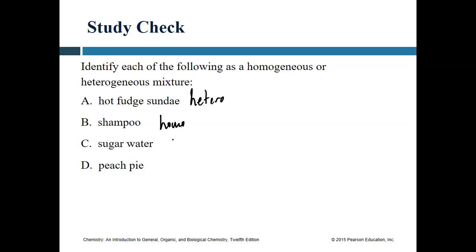Homogeneous. Okay, I get where you're coming from. You've got iced tea and you're trying desperately to stir some sugar into cold iced tea. You might as well stir it forever. That would be heterogeneous. But assuming that you can get it to dissolve, it becomes homogeneous. Peach pie, heterogeneous.